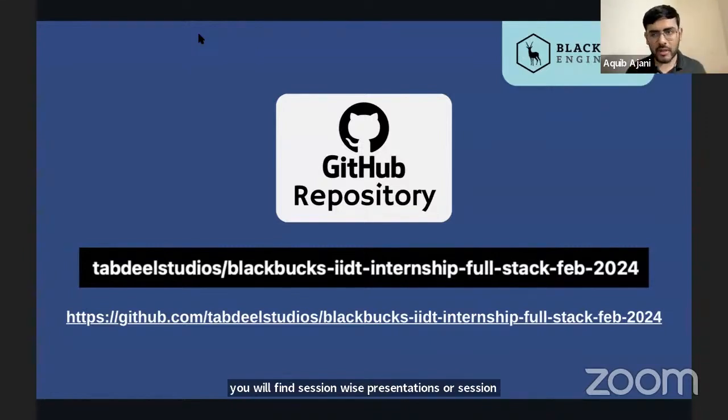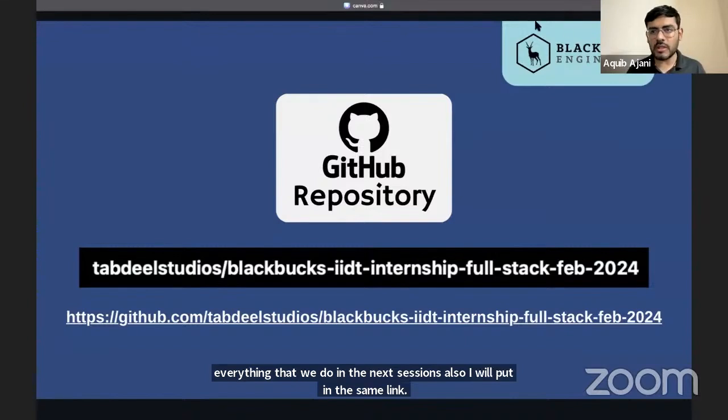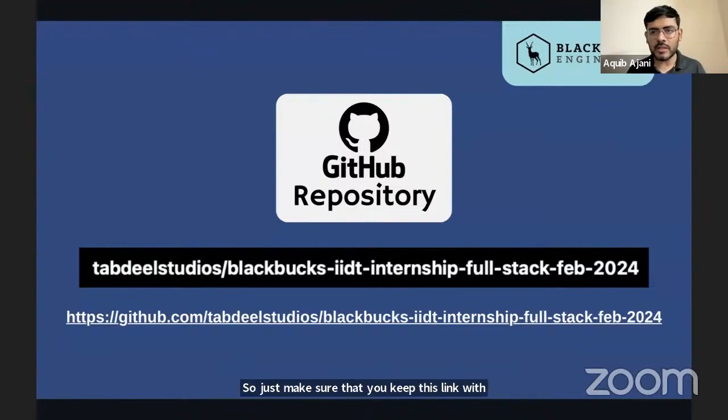Everything that we do in the next sessions also, I will put in the same link. So make sure that you copy this link and keep it with you. I've shared it a lot of times in the chat already, and I am sharing it in the chat a couple of times again. Please check the link and make sure that you have access to this.